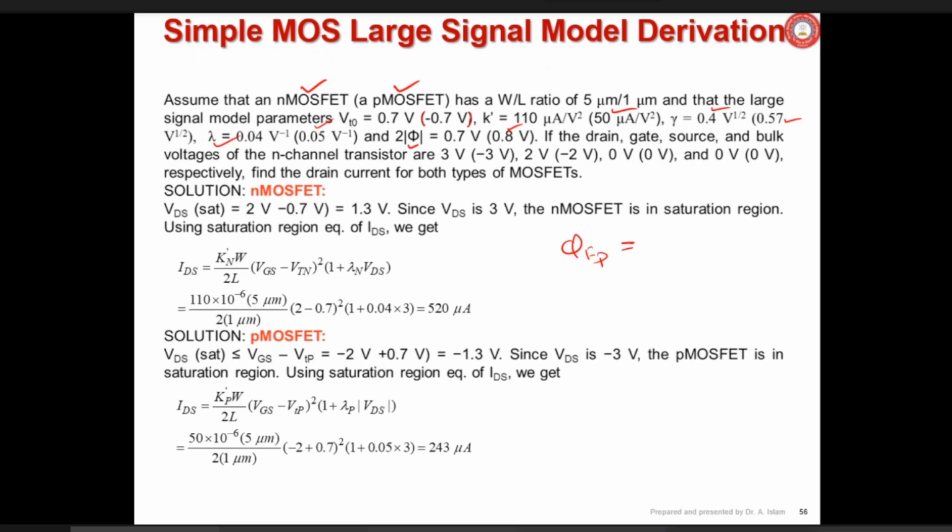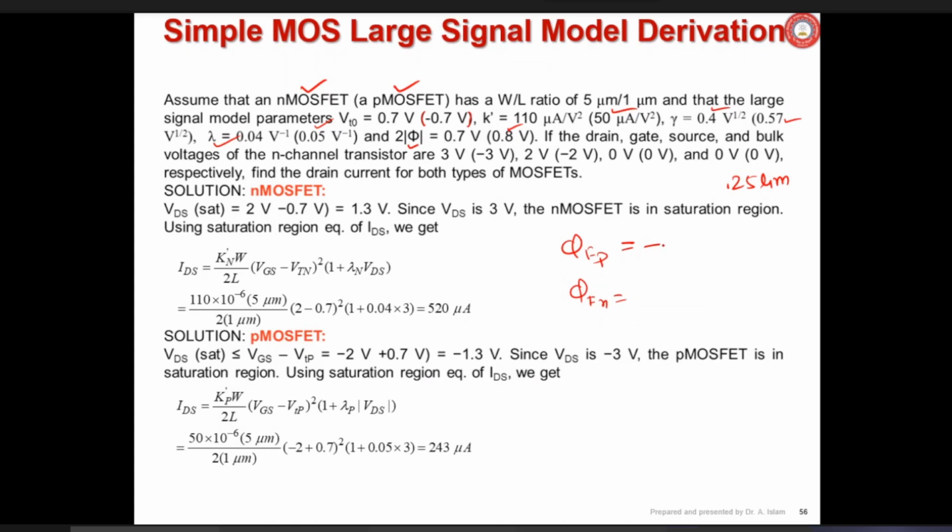Phi f p and phi f n. What is the value at 0.25 micrometer technology node? Yes, remember, minus 0.3.